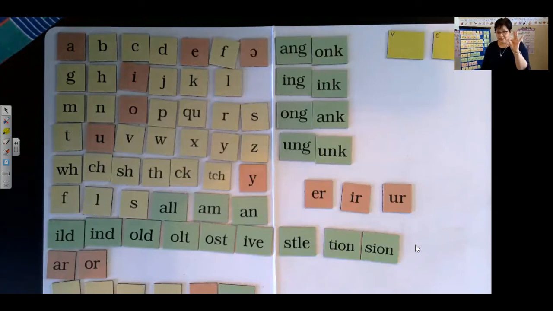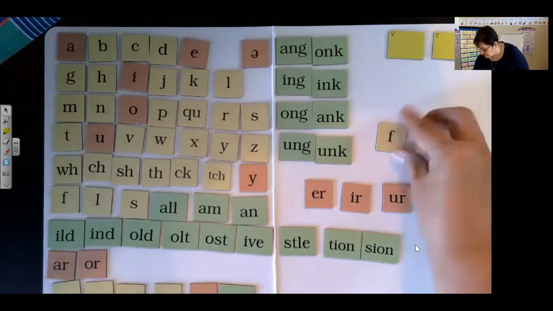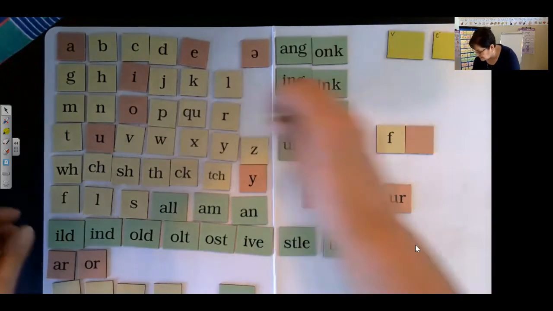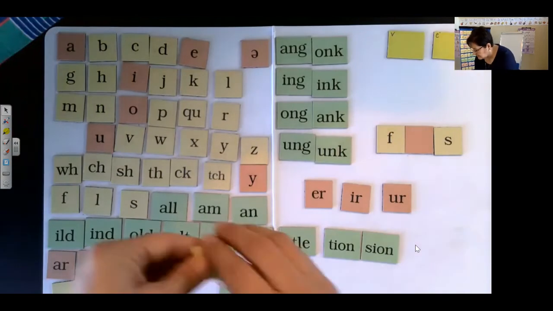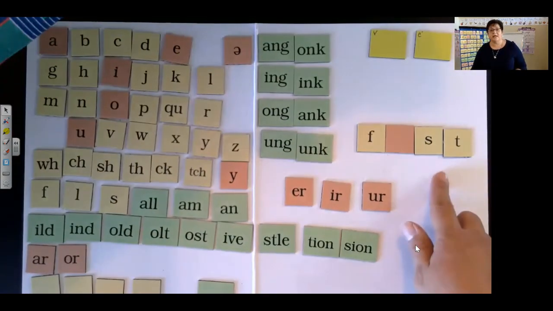Okay, so let's set up our word. I'll keep my board here so you can see mine. I'll use this word right now. So let's set up our spelling option for the word that we just said. All right, so there's my spelling option set up for this word.